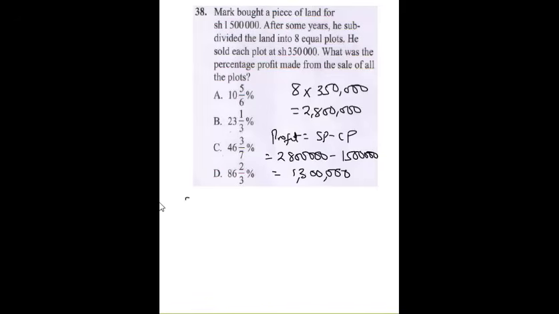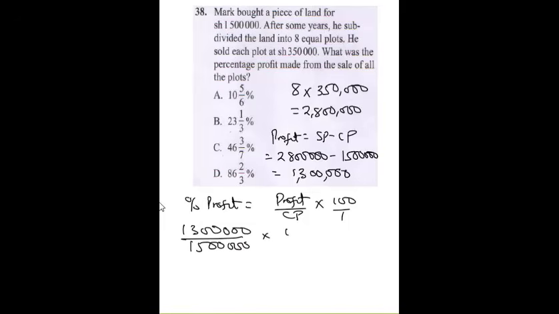Okay, so now for the percentage profit, it's going to be profit over cost price times 100 over 1. So this is going to give us 1.3 million all divided by 1.5 million times 100 over 1. So we'll cancel that.